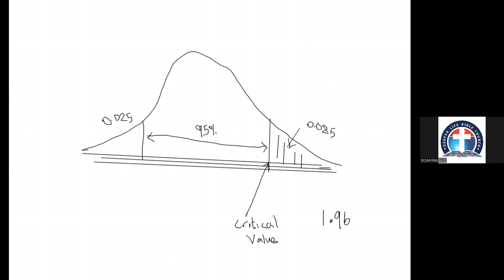I call it critical region or rejection zone. I hope you remember now. That's our rejection zone. In other words, when we perform our statistics, rejection zone.